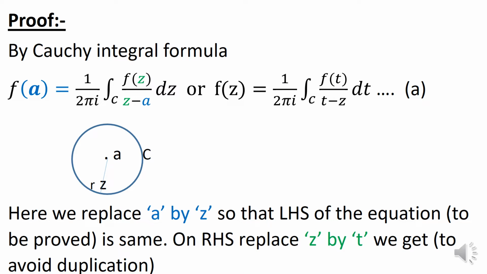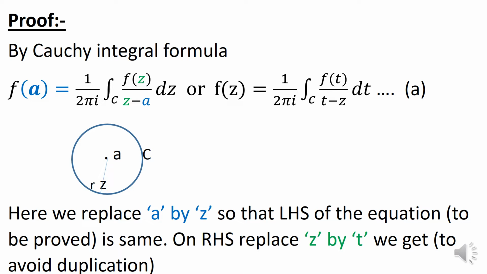Now Cauchy integral formula, first of all we know this formula: f(a) is equal to what? 1 by 2 pi i, right, integral of f(z) by (z minus a) dz. That is Cauchy integral formula. But ours is f(z), the function we want to expand in Taylor theorem.